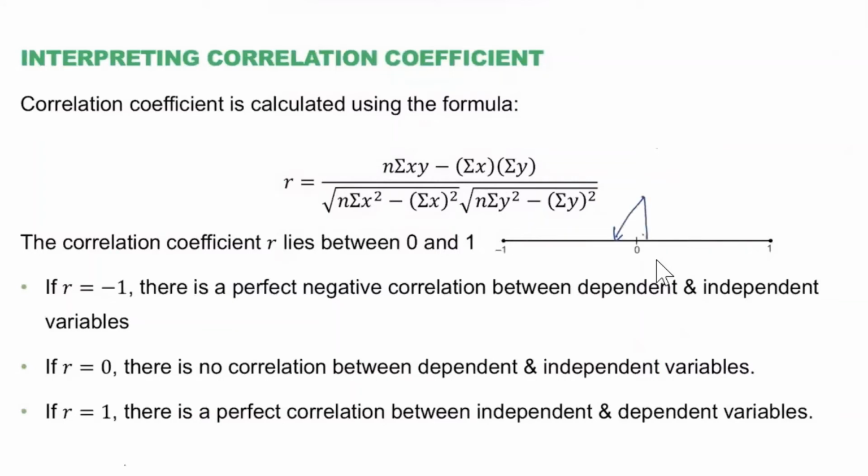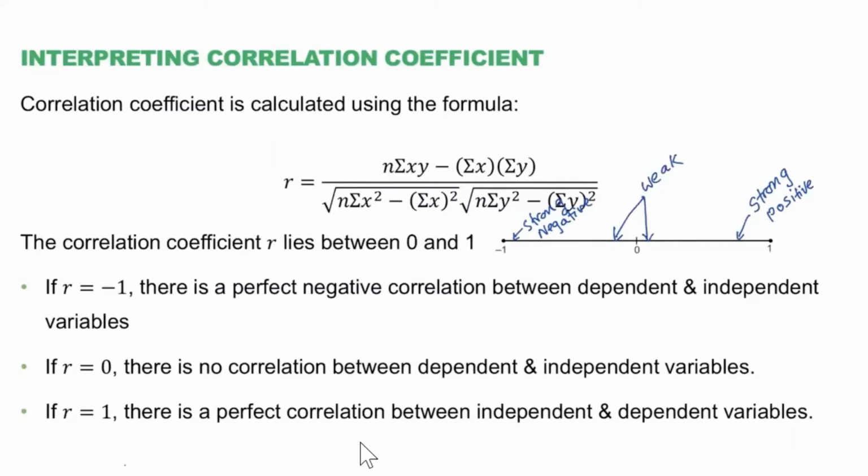If the value of R is close to 0, then we say that there is a weak correlation. Close to -1, we say strong negative. On the other side, close to +1, strong positive correlation. Over here, weak positive. Over here, weak negative. So that's how we can interpret the value of R.